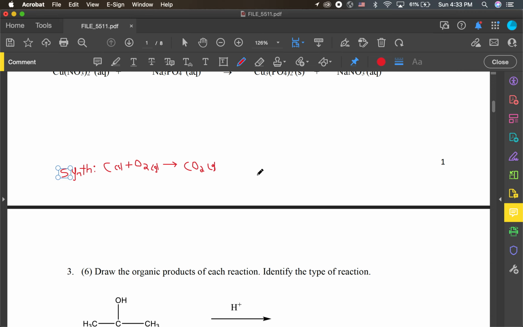Decomposition is the exact opposite. Decomposition is when you start with one molecule and you end up with more than one. So we'll call that decomp here.